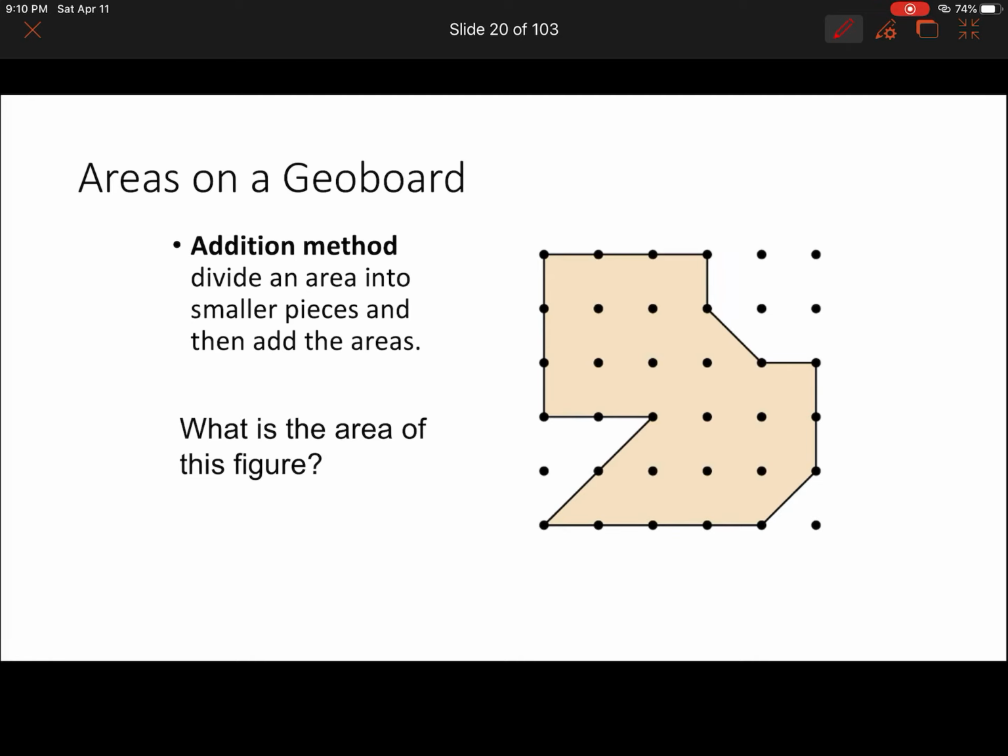In the addition method, if you have some odd shape like we do here, you can think about breaking this shape into pieces. And you can do it a number of ways.